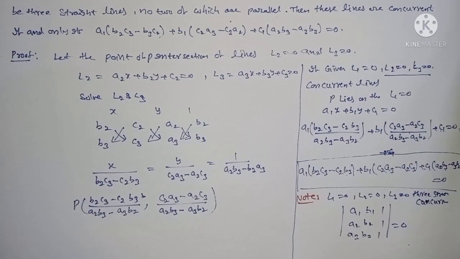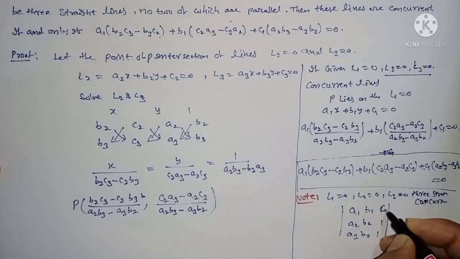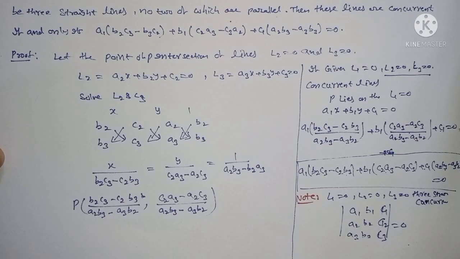We have one note: if L1 is equal to 0, L2 is equal to 0, L3 is equal to 0, then the three straight lines are concurrent. Another formula you also have: the mod of the matrix a1 b1 c1, a2 b2 c2, a3 b3 c3 is equal to 0.